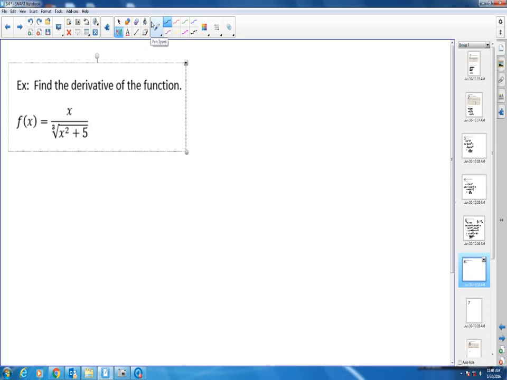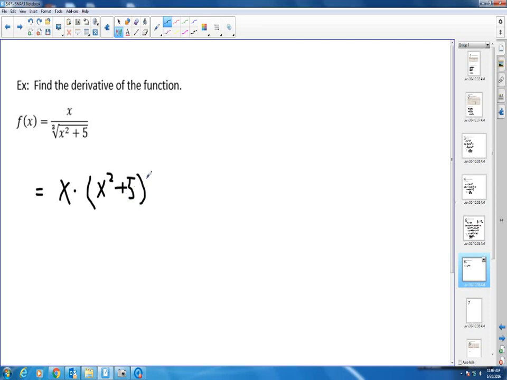Alright, this one I'm going to use the same approach as earlier. I'm going to bring these guys down here back out to the top. So I'm going to rewrite this as x times x squared plus 5 to the negative 1/3 power.